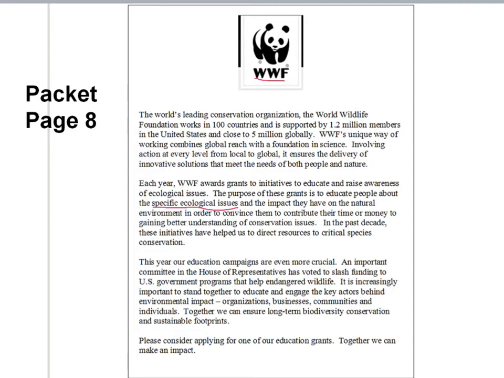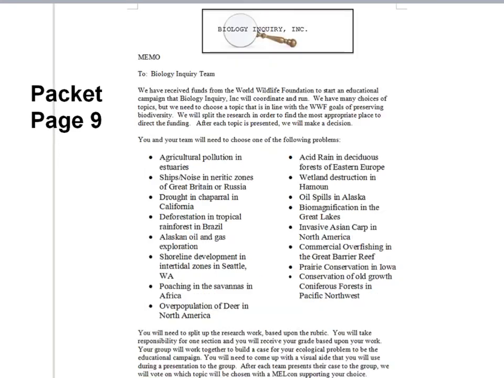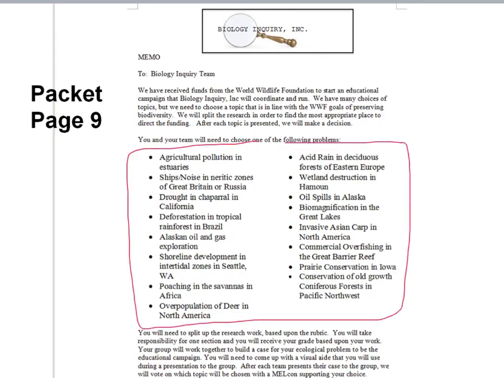Let's look at what the issues are and how you're going to do this presentation. So here are a list of all of the issues on page 9 of your packet. They're all right here. And your group is going to have to pick one of these issues together. So in just a second, you're going to be put into your groups.